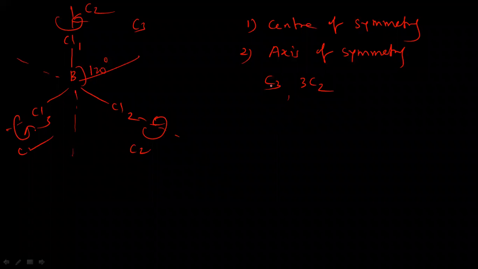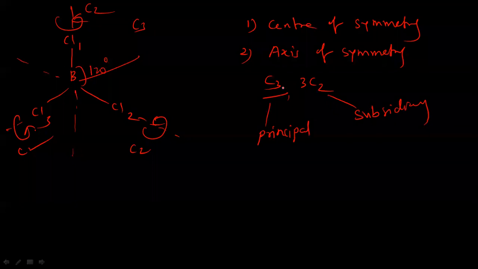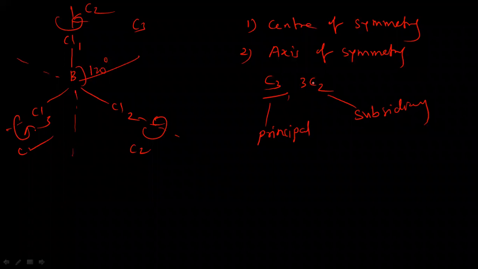It means that it is having the principal axis, and it is the subsidiary axis here. So try to understand this. It means that in the boron trichloride molecule there are 2 types of axis of symmetry.